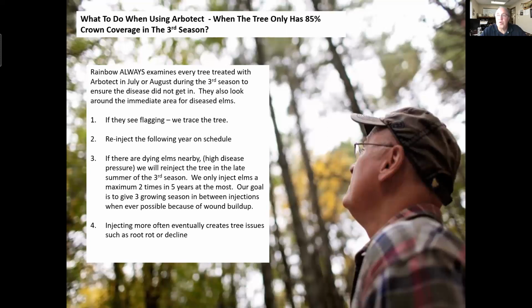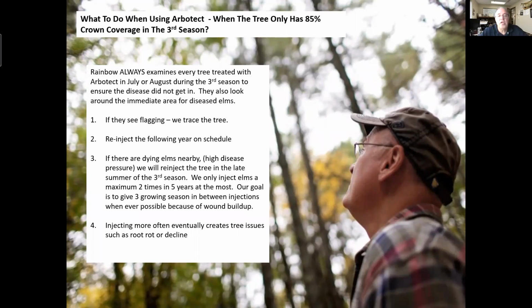Now, there are certain situations where you have a lot of disease pressure and a lot of disease-carrying beetles. In these cases, you could treat every 2.5 years, and I would limit that. I wouldn't do that forever, but if you've got unmanaged elms around you and there's a lot of beetles flying, this is not a bad thing to do, which means you treat in June, August, early September.